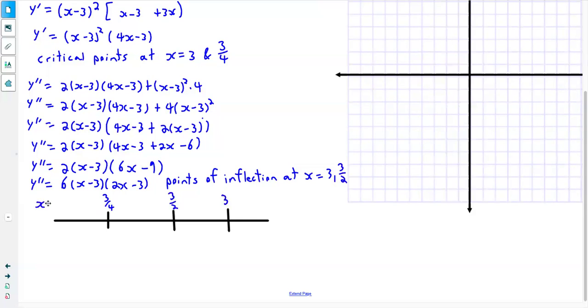These were all x values. We had y prime, y double prime, and y. For y prime, we had critical points at 3 and 3/4, so we know those are both 0. Our y double prime was 0 when we were at 3 and 3 over 2.